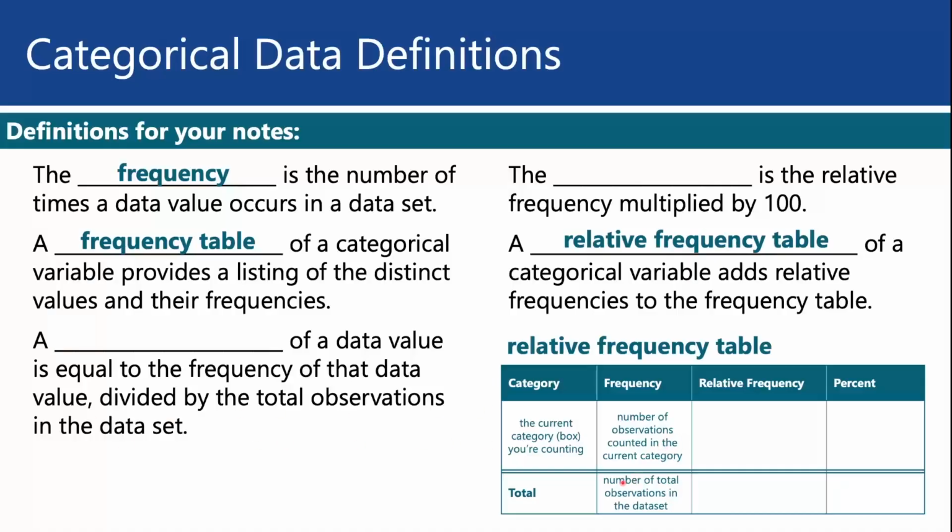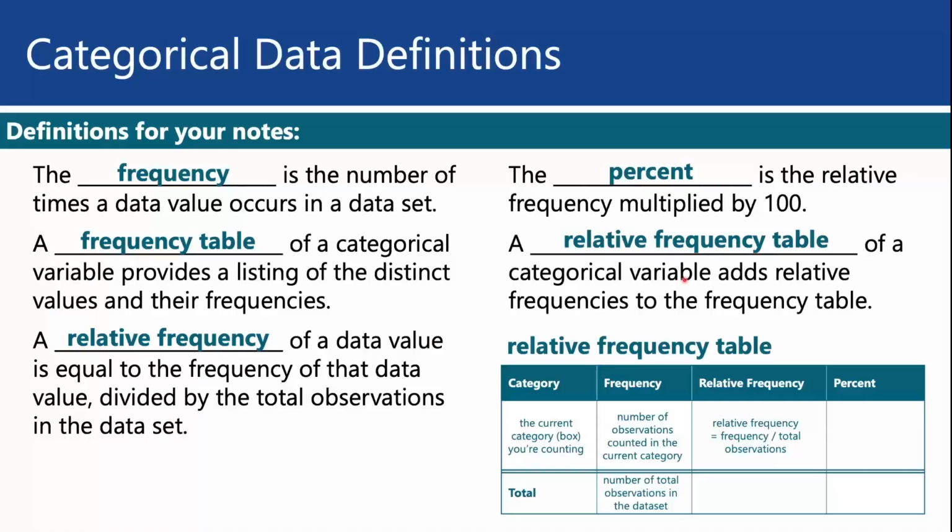And the frequency adds up to the total number of observations in the data set. So everything should fall into one of the categories, and then this should all add up, except for in special cases. Relative frequency is equal to the frequency of the data value divided by the total observations in the data set. So if we were to put this back in our table, it would be relative frequency equal to frequency here over total observations.